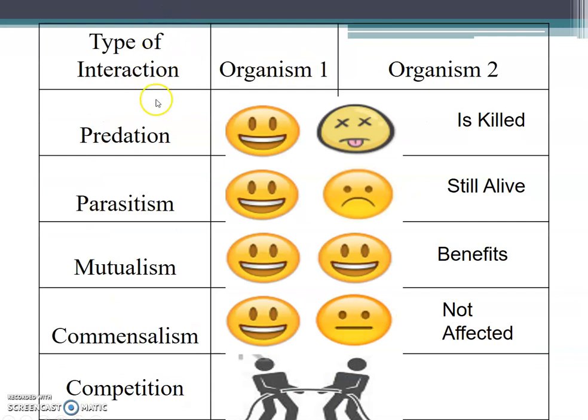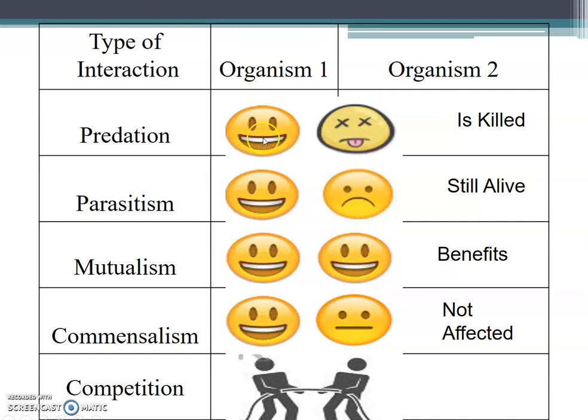Okay, here's just another little chart. Make sure you're pausing and evaluating these things yourself, making sure that you're taking it in and understanding it. But this is just a way to say that in this scenario, organism 1 usually benefits, except for competition. So really, you just have to remember what organism 2 does in that relationship, right?